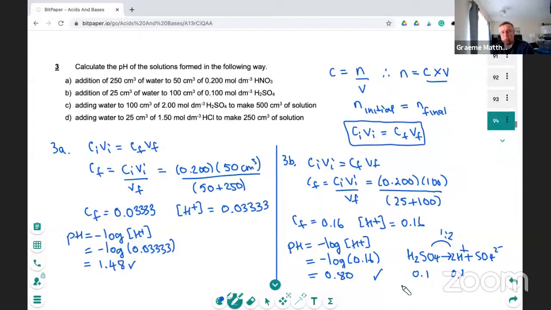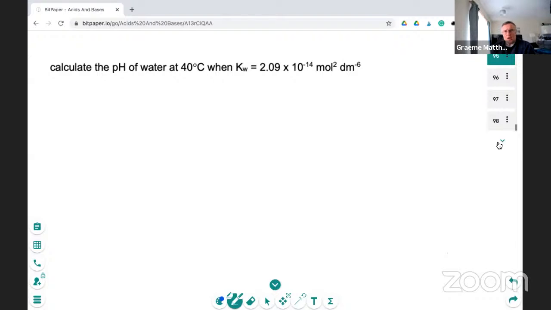So anyway, this was this one. All right, so we did strong acid calculations and strong base, we did the pH of strong acid, the concentration of an acid solution given the pH. We did dilution problems.